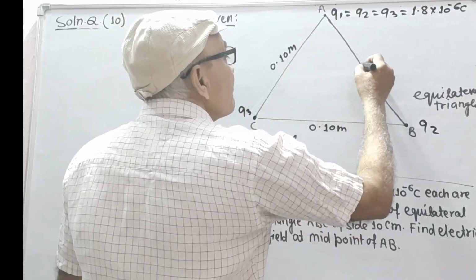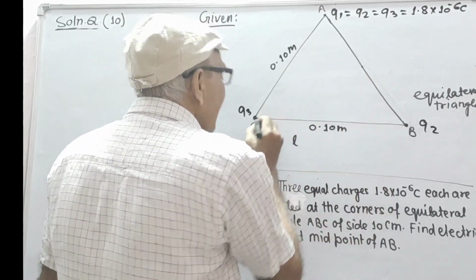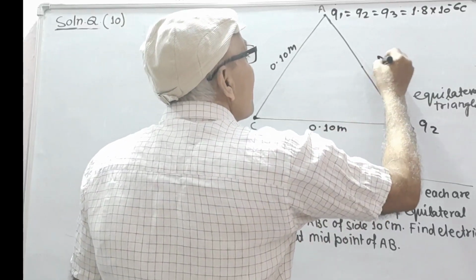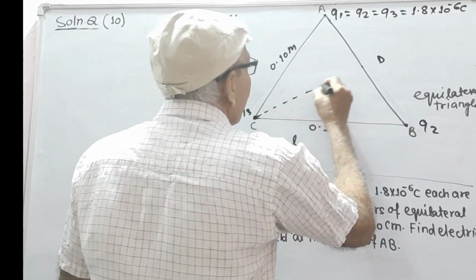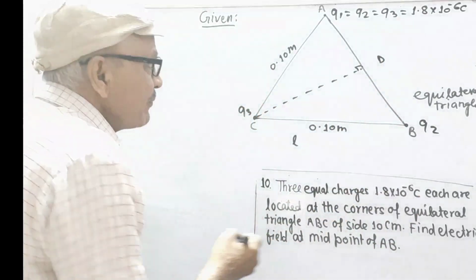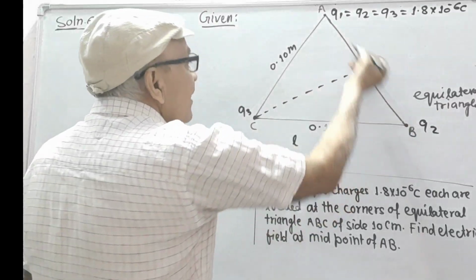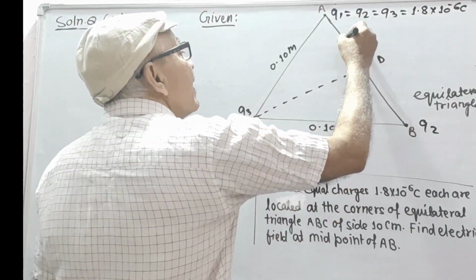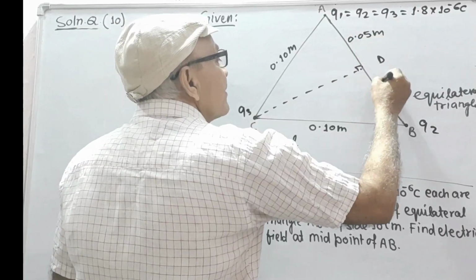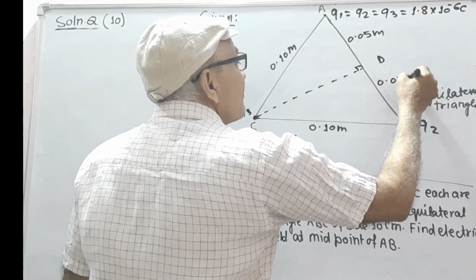We have to find electric field intensity at point D, which is midpoint of AB. So this is 0.05 meter.